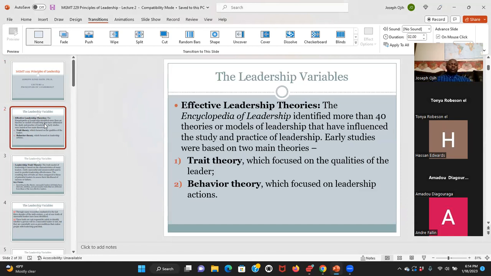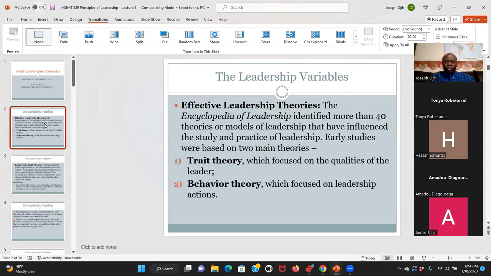Now, there are more than 40 theories or models of leadership, according to the Encyclopedia of Leadership. Some of these theories have influenced the study and practice of leadership. But the ones we'll be focusing on are those of the early studies.